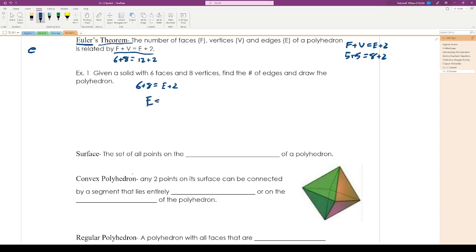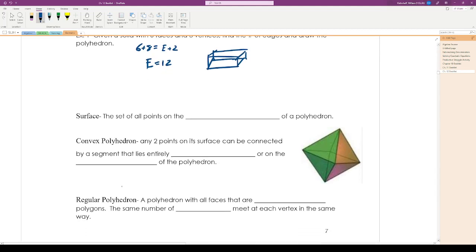So edges equals 12, and this would be some kind of cube or rectangular prism. So we could draw a box shape. And again, I am not good at drawing 3D things. But yeah, we would have that number of edges, faces, and vertices.